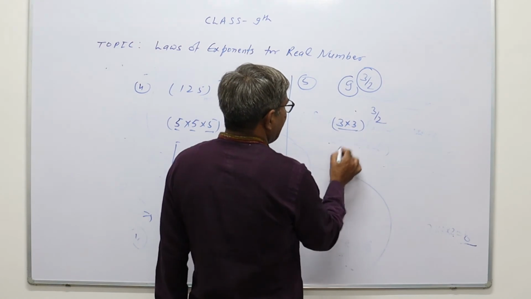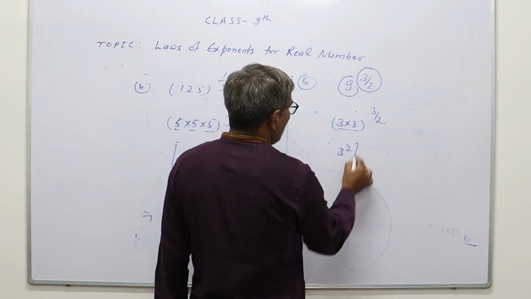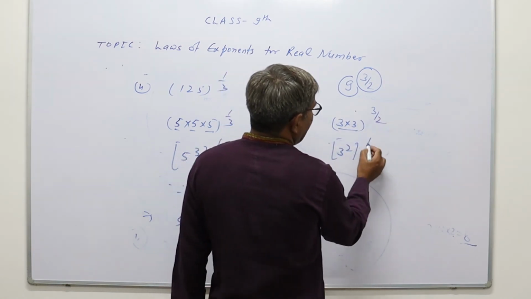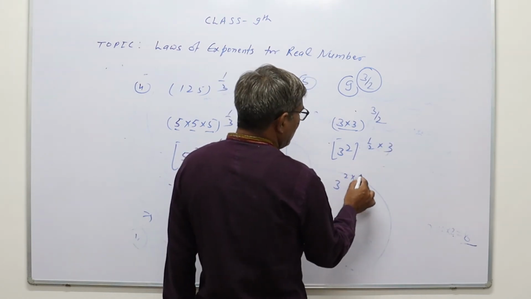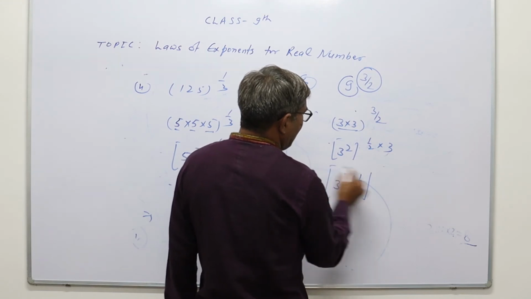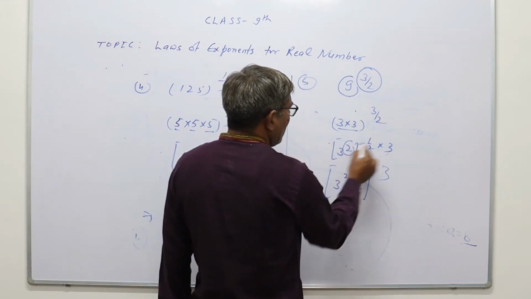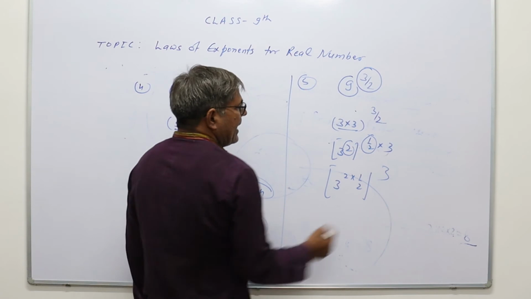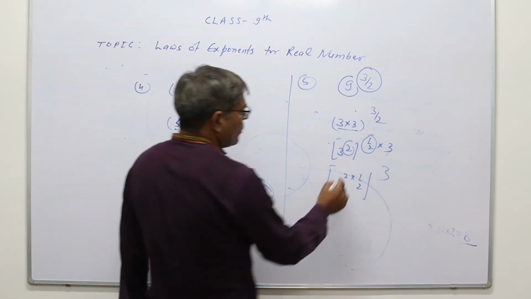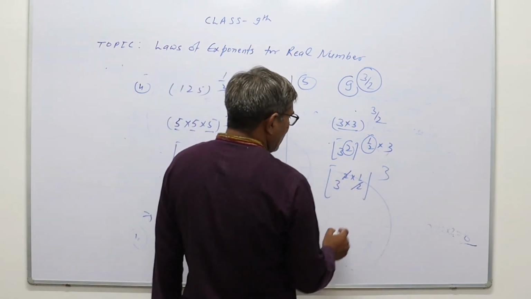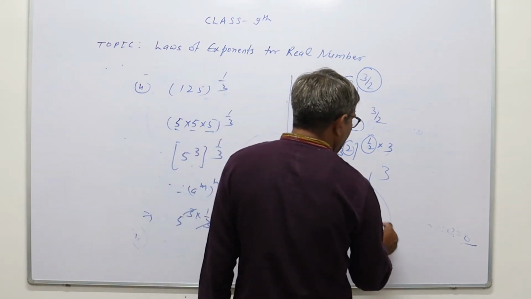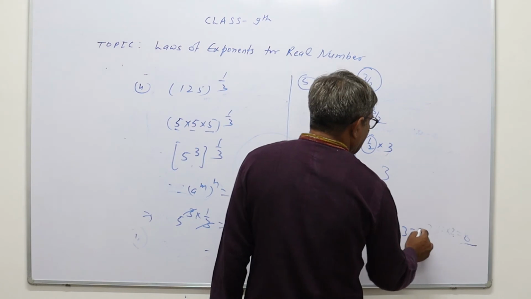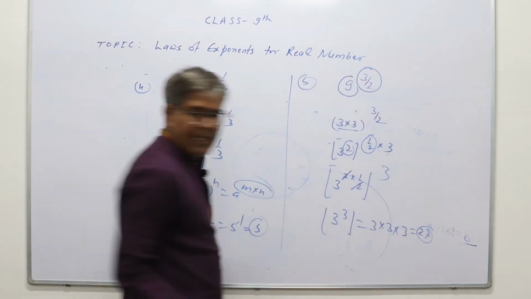So this can be written as 3 square whole power 3 by 2, which is 3 power 2 into 1 by 2, whole power 3. This power on power will be multiplied, keeping 3 as it is. So the 2 will be cancelled out. So remaining is 3 power 3. So it will be equal to 3 into 3 into 3, that will be equal to 27.